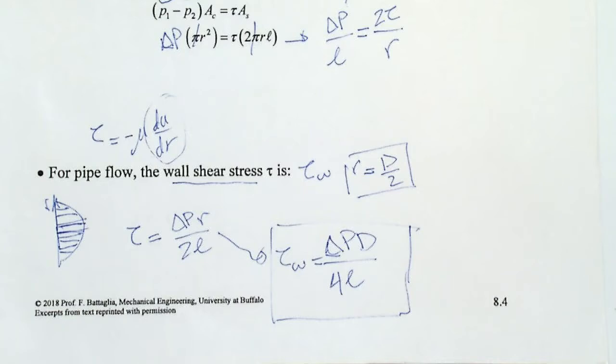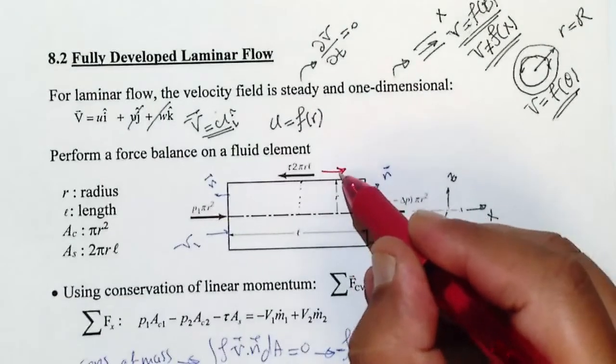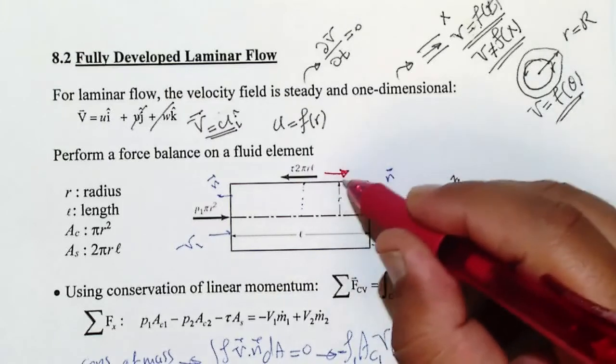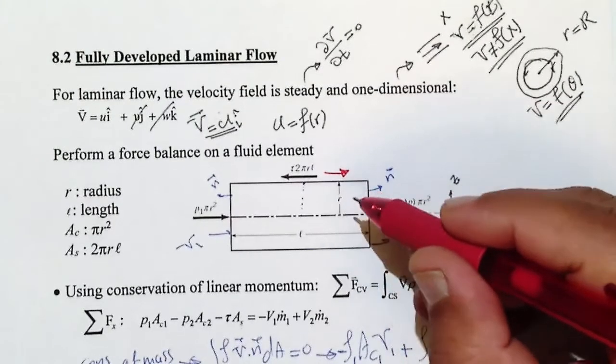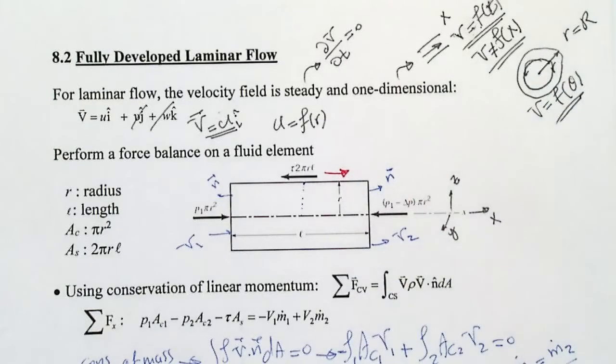The tau wall multiplied by the surrounding area is going to be the force that you have in the other direction. It is the force of the wall on the flow, and the reaction of that, which is in this direction, is going to be applied on your pipe. So you need the same force to cancel out this force and keep your pipe stationary.